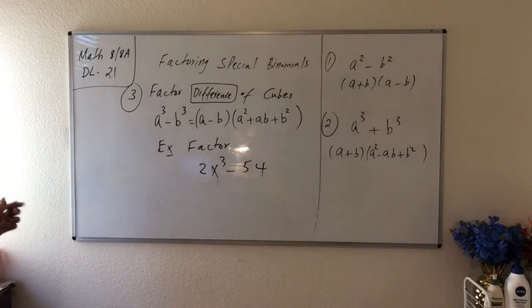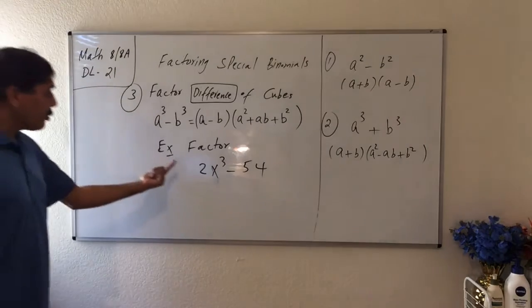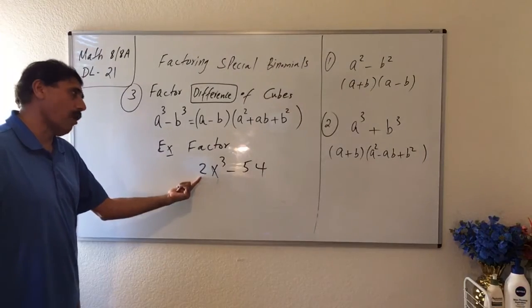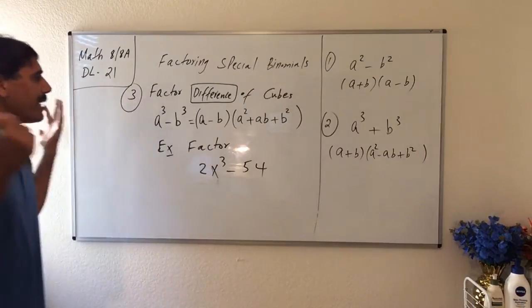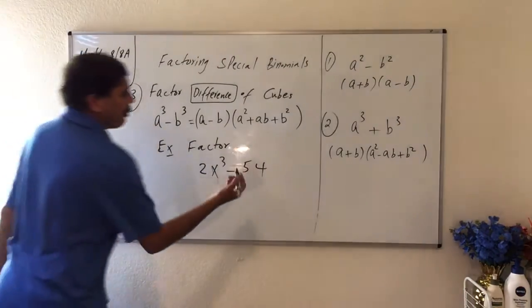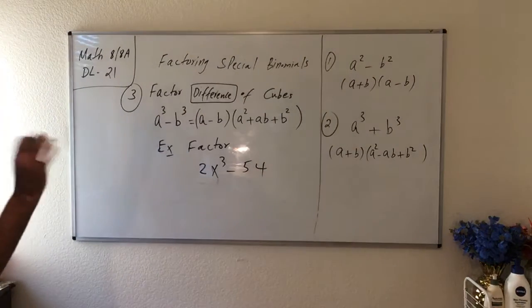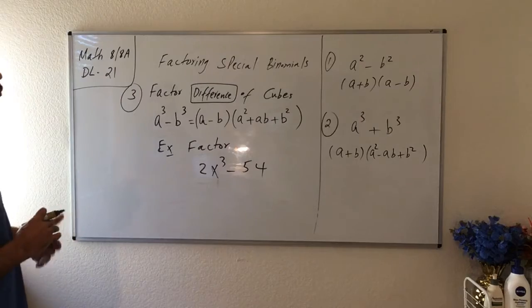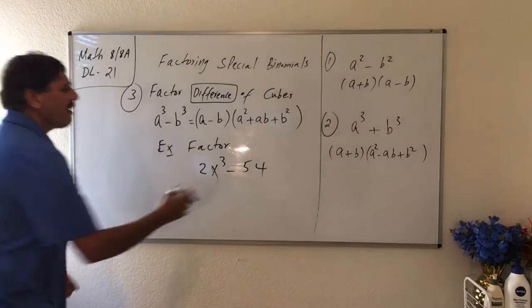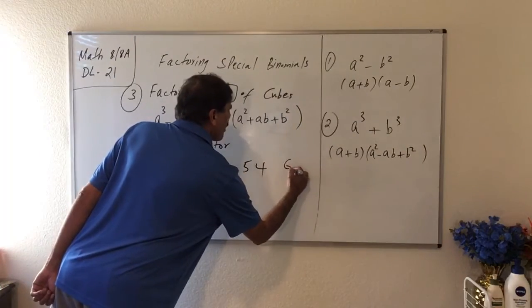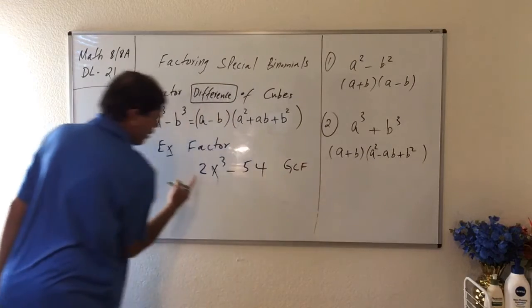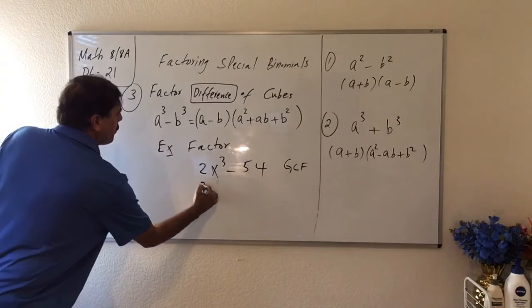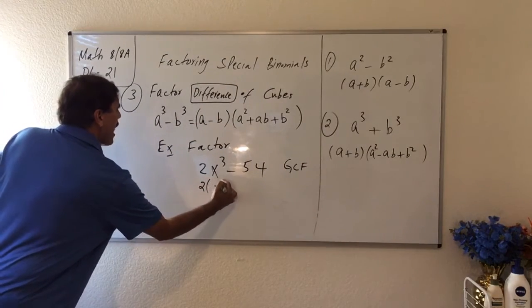Now, it looks like it's the difference of cubes, but is 2 a perfect cube? No. So this means we cannot apply the formula yet. Your homework does not have anything like this. We can maybe do one more homework where you have to take the GCF out first. If you cannot apply the formula, then you always take the GCF out. The GCF here is 2, then here is the x cubed.